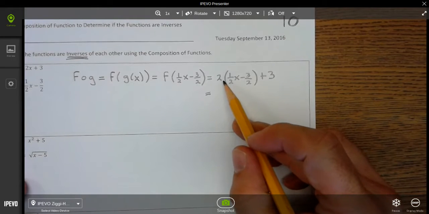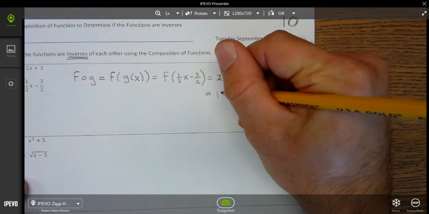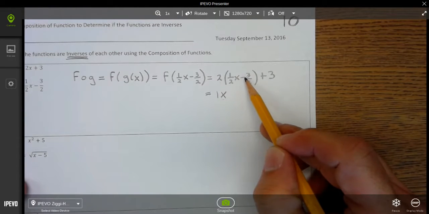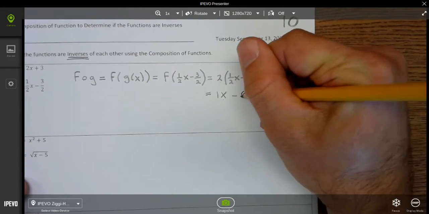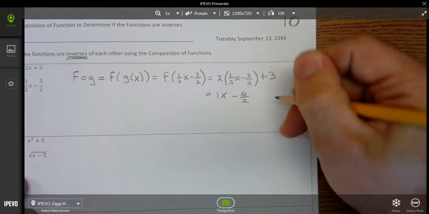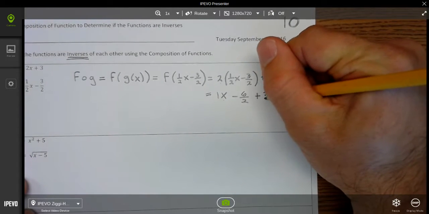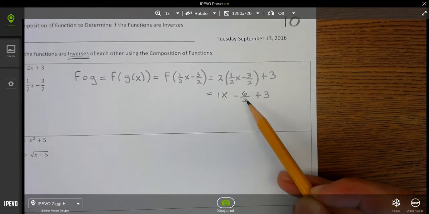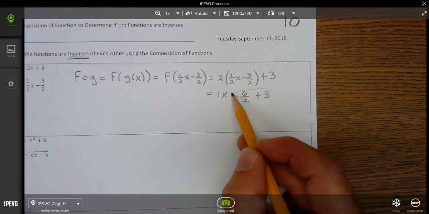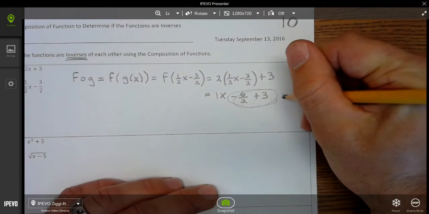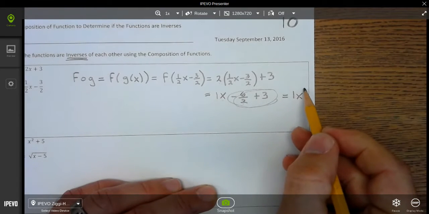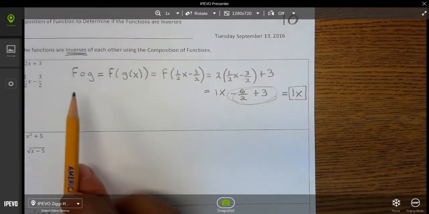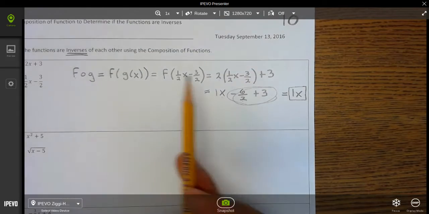So we're going to distribute or multiply. 2 times 1/2 x is 1x. And 2 times negative 3 divided by 2 is negative 6 divided by 2. We add the 3. Negative 6 divided by 2 is negative 3, and negative 3 plus 3 is 0. So these become 0, and you're left with 1x. Okay, so f of g is equal to 1x.